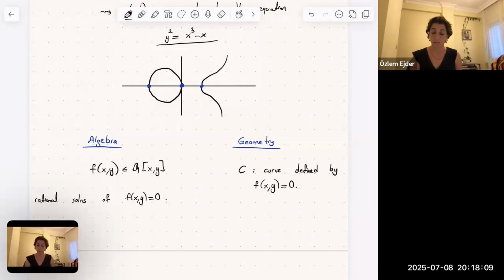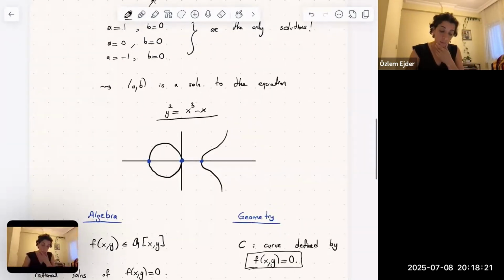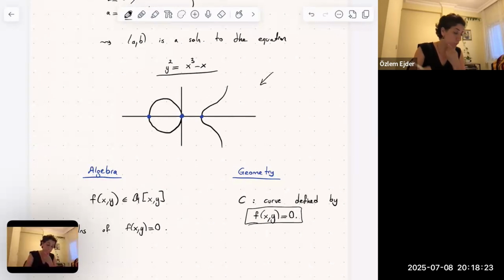This just means I'm looking at the vanishing set, or the 0 set, of this polynomial. In the first example, this curve was a circle. In the second one, it's this one. This has a name that will come up later. I won't say it now.